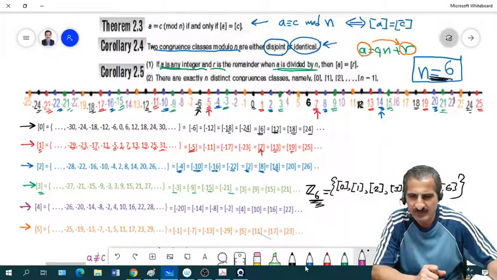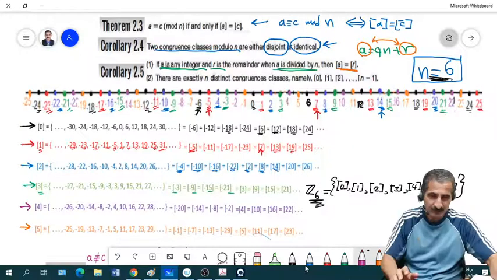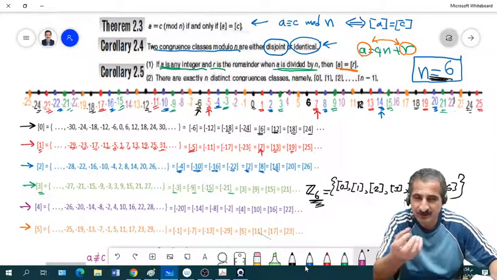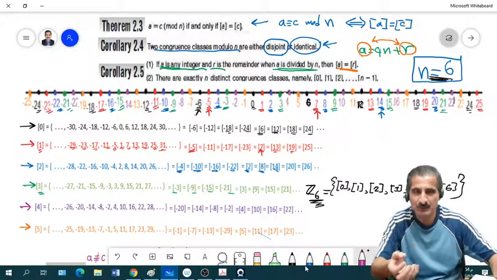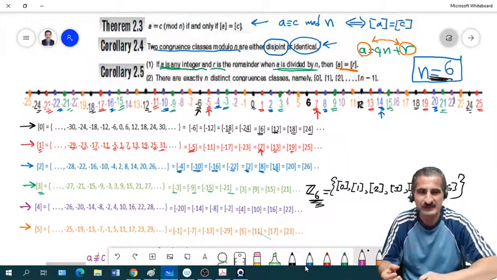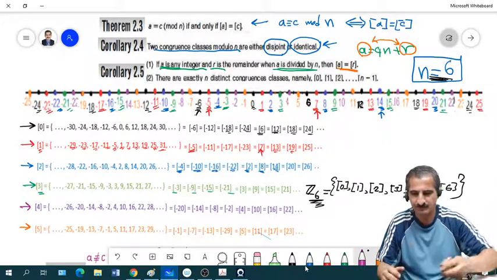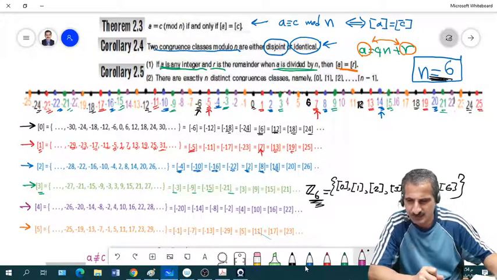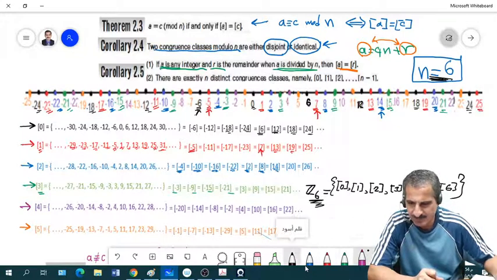Let us try some. Let us pick a number, divide it by 6, which is our n, and take the remainder. And then compare the equivalence class of the number we started with and the equivalence class of the remainder. Okay, let us choose 19.